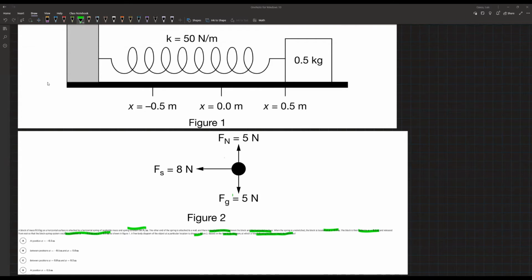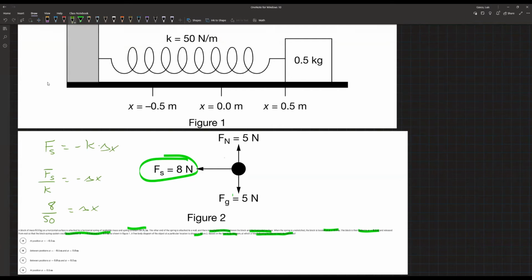So what's the idea? We know that the spring force is 8 newtons. So the force in the spring is negative K times delta X. We can take the spring force and divide it by the spring constant to get the displacement. And this is going to be 8 over 50. That's not a nice clean number.